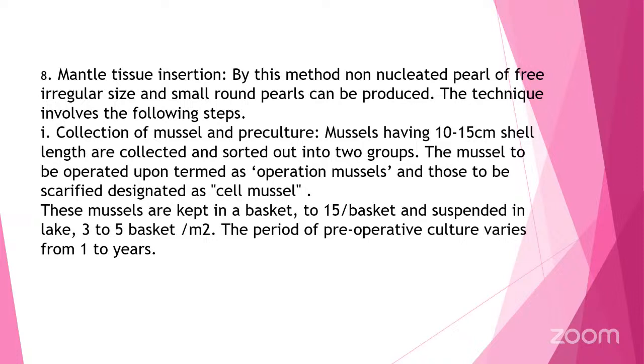These mussels are kept in a basket, 2 to 5 per basket, and suspended in lake, 3 to 5 baskets. The period of pre-operative culture varies from 1 to 3 years.